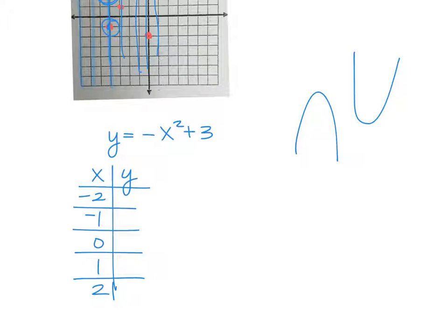If I plug -2 in right here, I'm saying -2 squared, that's +4, but it's a negative, so -4 plus 3 is -1. Then I plug a -1 in. -1 squared is +1, but they're saying make it negative, so that's -1 plus 3 is 2.